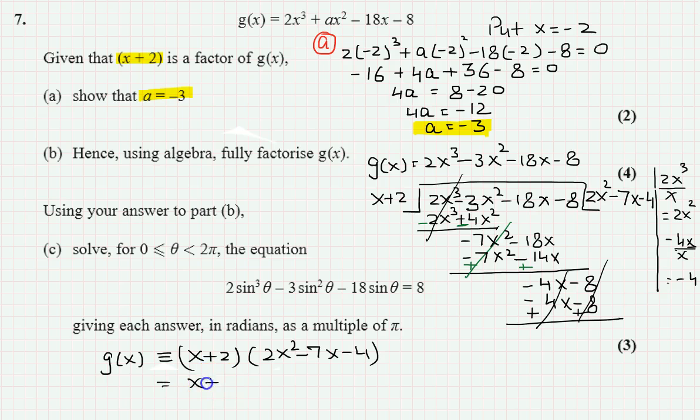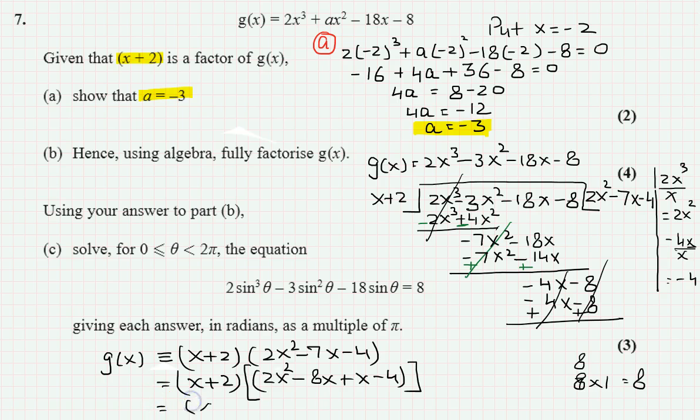So that is x plus 2. This is 2 times 4 is 8 and 8 times 1 is 8, and 8 minus 1 is 7. So it is 2x squared minus 8x plus x minus 4.